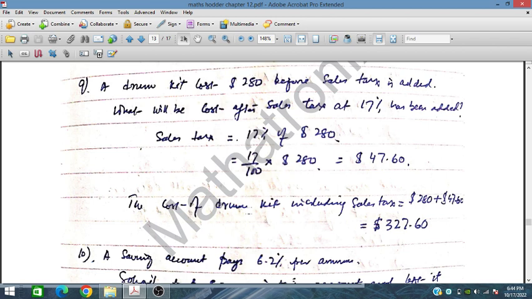The cost of the drum kit including sales tax is equal to $280 plus the sales tax amount, that is $47.60. So the total cost is now $327.60.